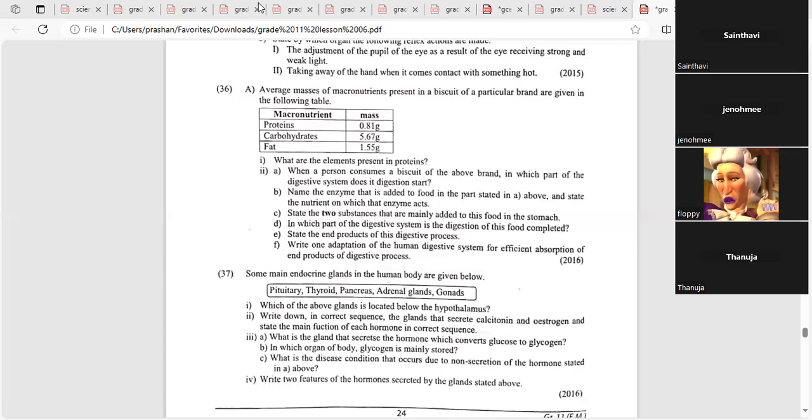Teacher, villi are highly vascularized. Yes, that's also correct, villi are highly vascularized for the absorption. What else?